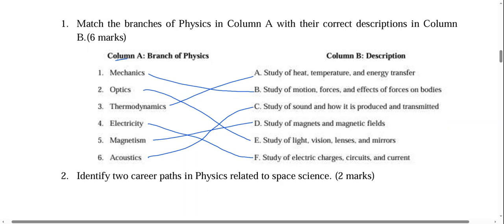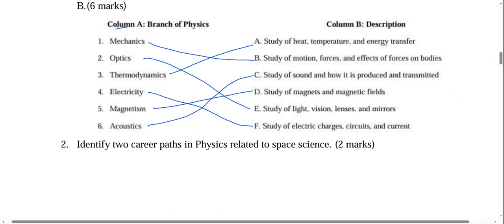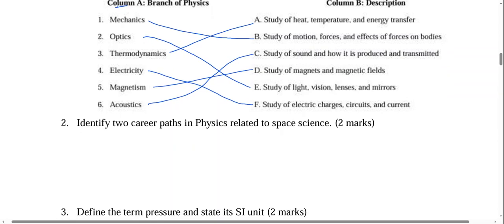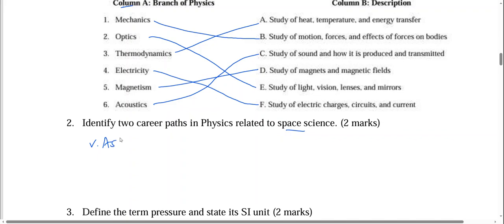So question 2, identify 2 career paths in physics related to space science. Careers related to space science. This is the space. Therefore, we have the first one as astrophysics, or astrophysicist.